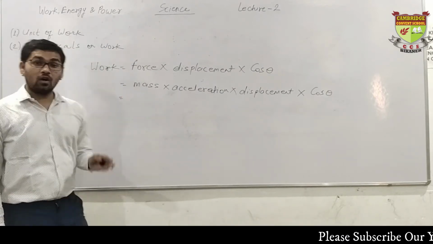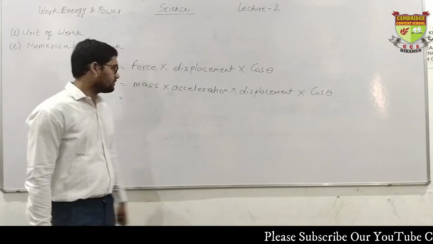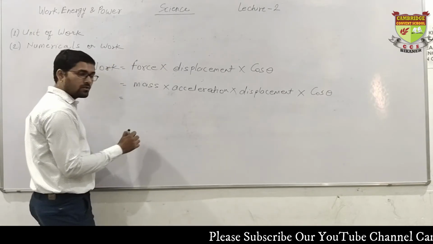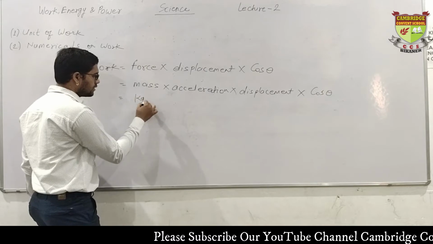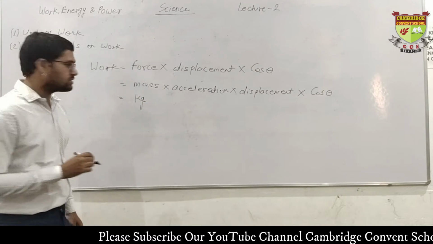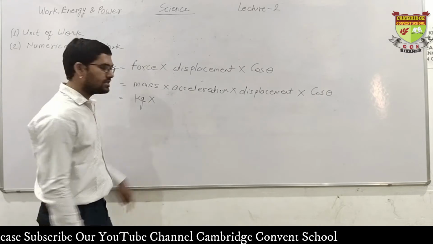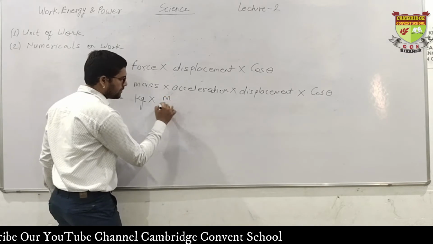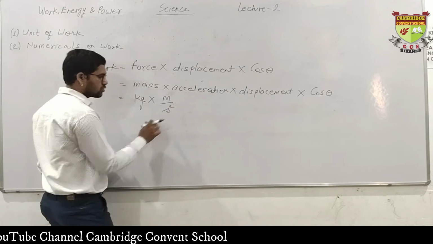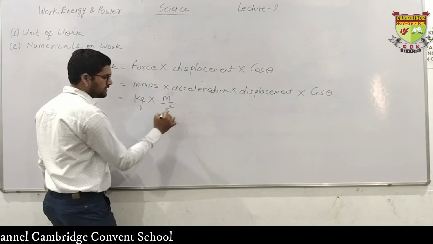Now we are writing the units of them. Mass is always calculated in kilograms. Acceleration is always calculated in meter per second square.